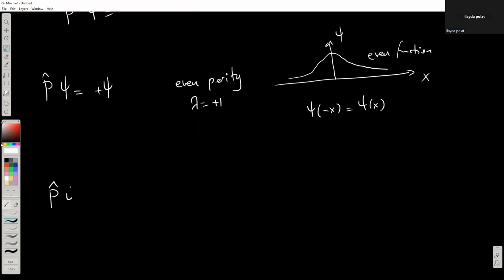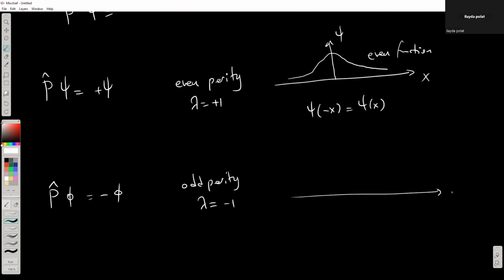Then there are these states where, let's call this psi tilde. Let me call this phi, for example, so that I use a different notation now. So this is an odd parity state. That's a parity eigenstate where the eigenvalue is -1.